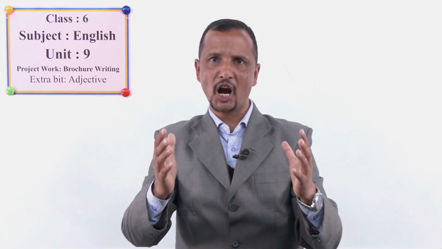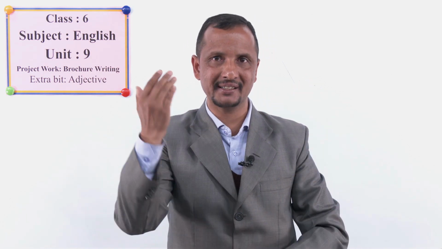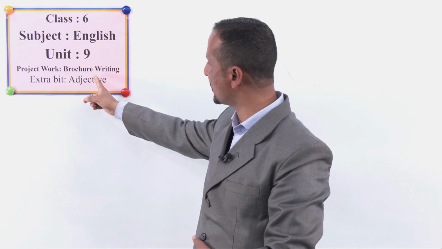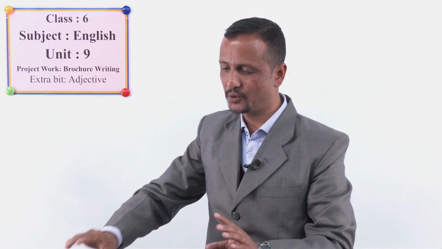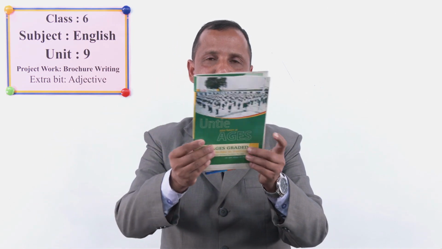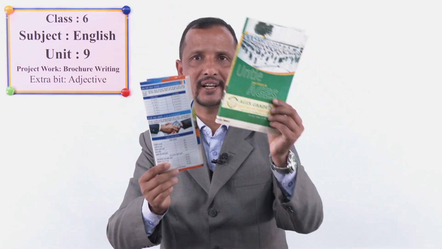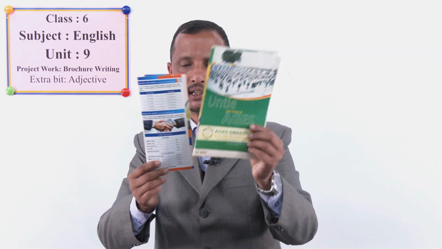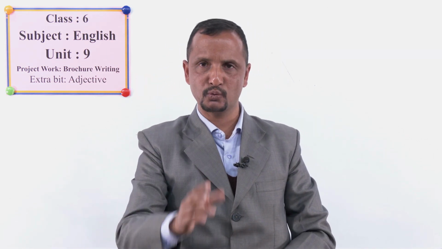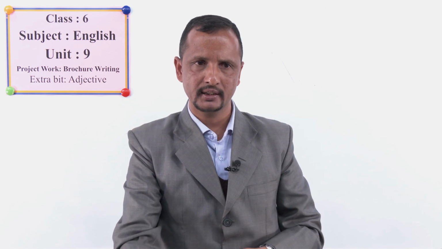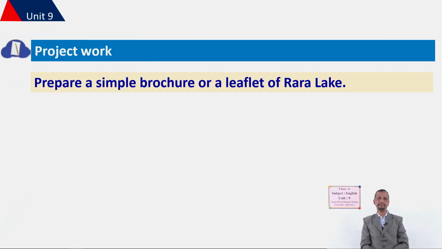So, today our discussion is about writing what? Brochure. Okay, so the figures you have seen are a brochure and a leaflet. Now, you can see in your textbook what our project work is: prepare a simple brochure or leaflet of Rara Lake.